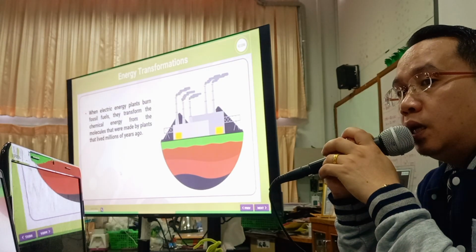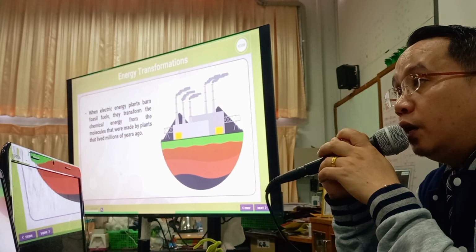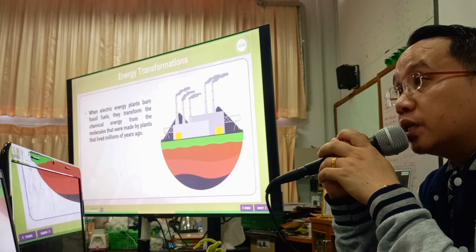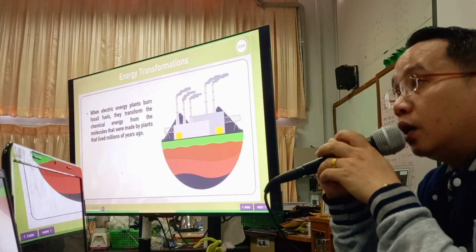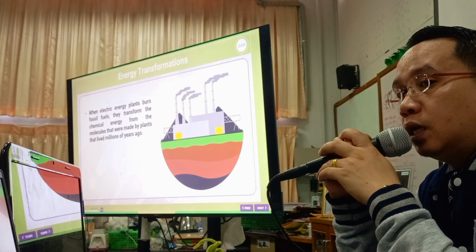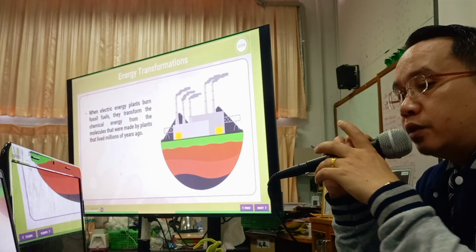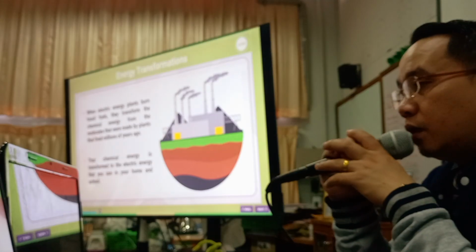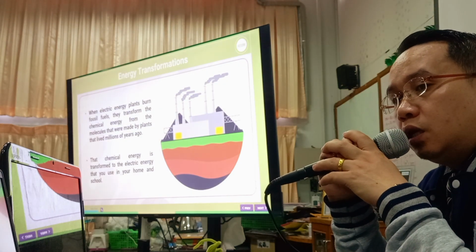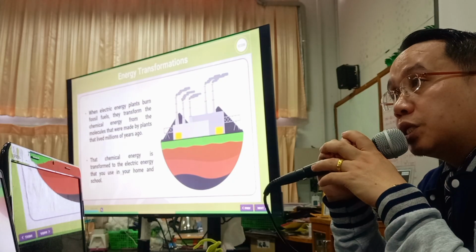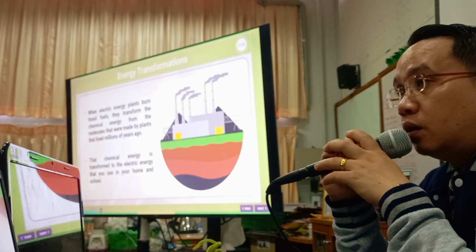But remember, it was made by plants that fossilized thousands and millions of years ago, and it can be burned as fuel to produce electricity. That chemical energy is transformed to the electric energy that you use in your home, at school, and in different places.